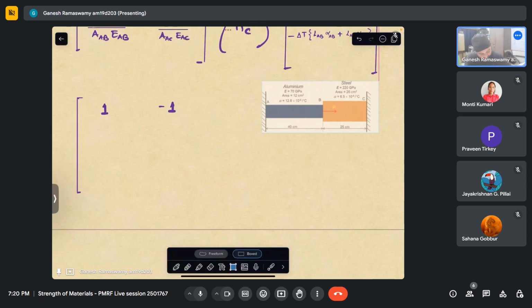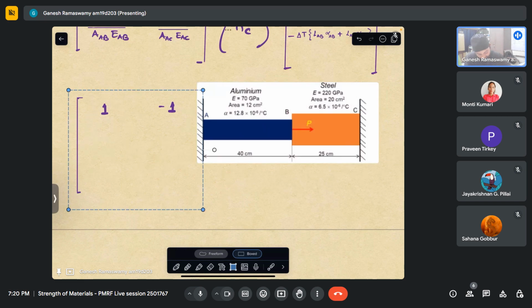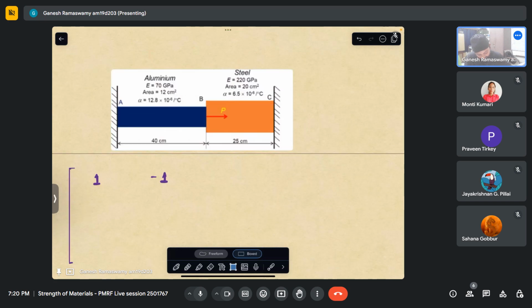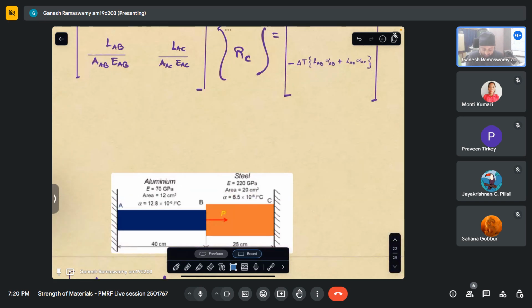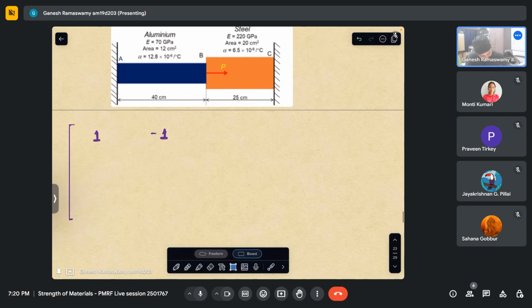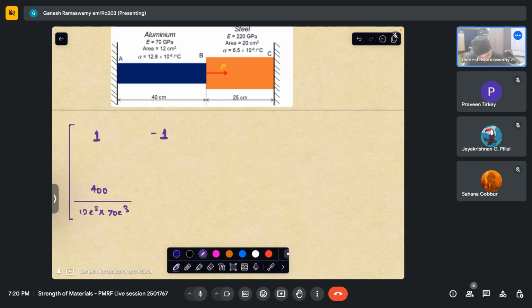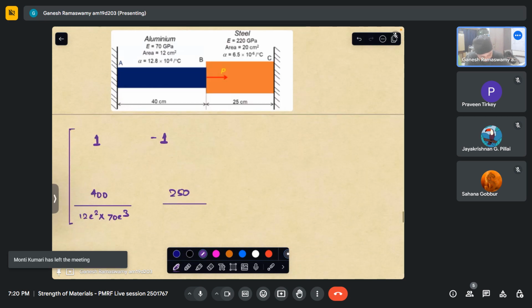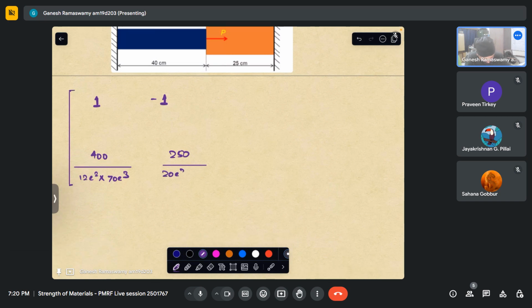With this, let us populate this matrix. So I have L_AB, A_AB, E_AB, which is 400 by 12E2 into 70E3. And this is 250 by 20E2 into 220E3 into the same thing.